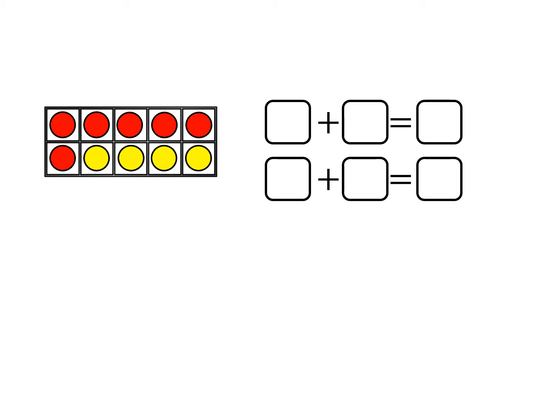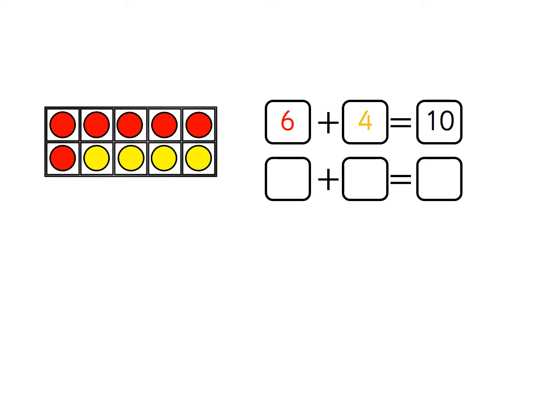Well done. So let's have a look. We have got 6 red counters and we have got 4 yellow counters, and 6 add 4 equals, what is it? We've got our whole tens frame there, it is 10.